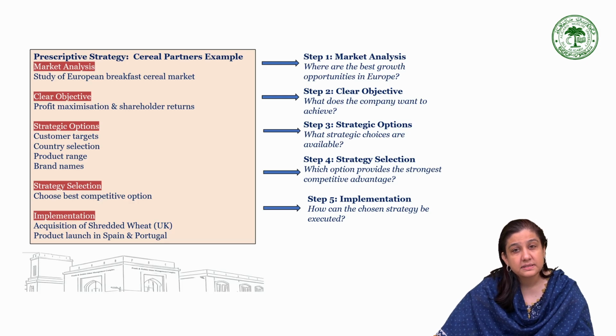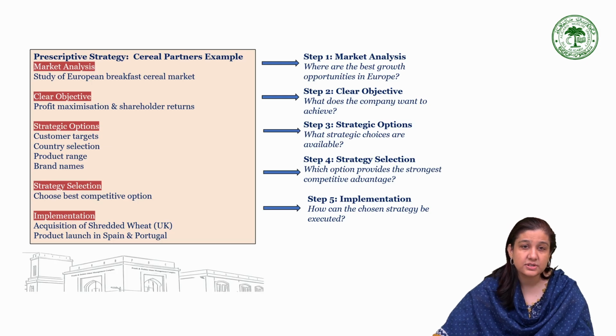So, generating multiple alternatives is also important because organizations rarely have one strategic choice. Managers compare alternatives to determine which option best supports organization objectives. A wider range of options increases the likelihood of identifying an effective strategy.